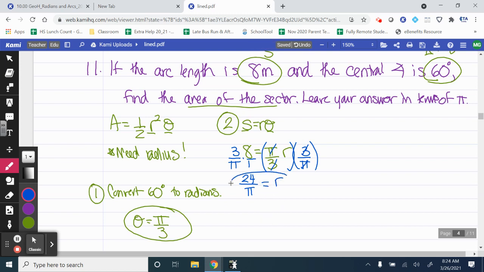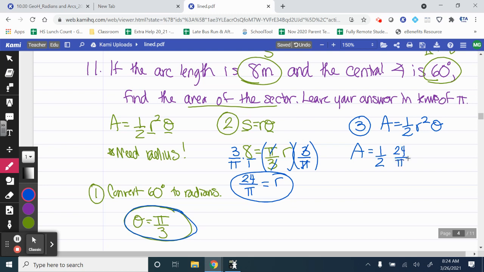So now I have my radius and theta. So now I'm going to go back to that area formula and substitute everything in, but still a little tricky because we want to leave it in terms of pi. So my radius is 24 over pi, and that is all squared. And my theta is pi over 3.